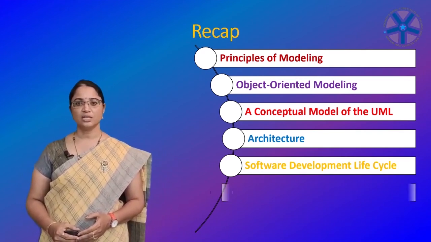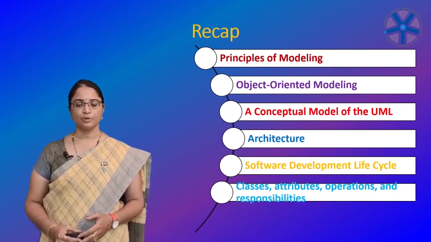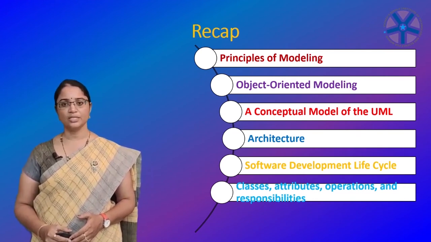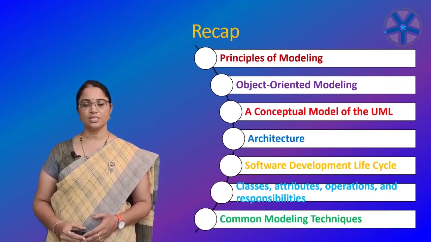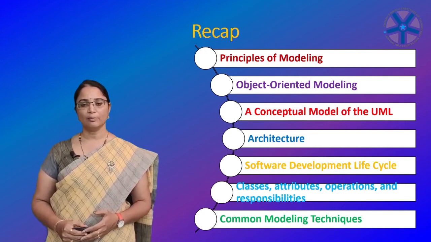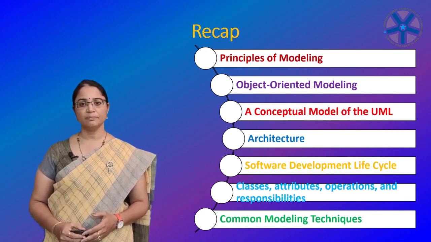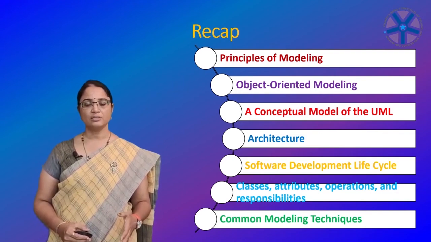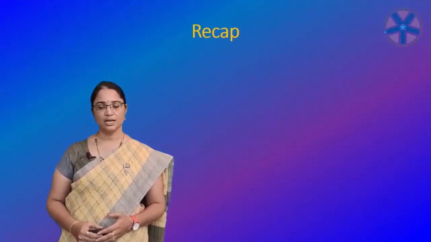Next we have seen the classes. In the classes we have seen attributes, operations and responsibilities. Coming to the common modeling techniques of the classes, we have seen how to model the vocabulary of a system, how to model the distribution of responsibilities in a system, and modeling non-software things, modeling primitive types. This is what we have discussed in the classes.